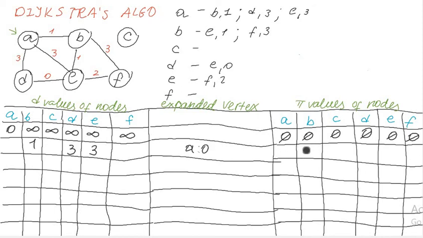As for the parents, we will update these 3 nodes' parents to A. So B's parent will be A, D's parent will be A, and E's parent will be A. As for the rest, they will remain as infinity, and this will remain as null.